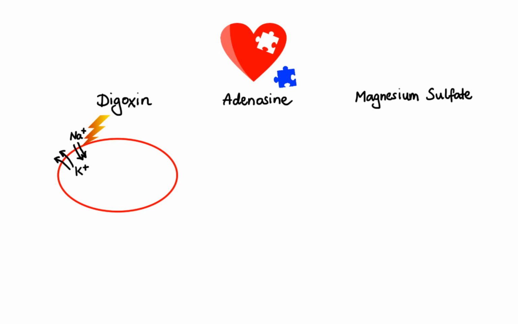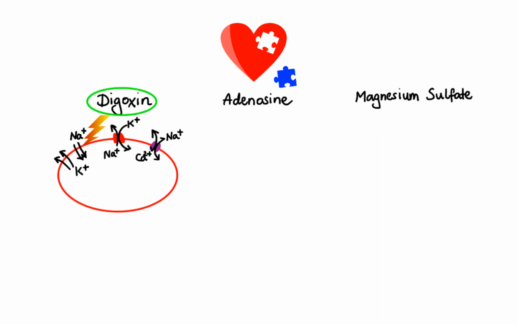So at some point we have this imbalance that has to be restored, and this restoration is accomplished by pumps such as sodium-potassium ATPase, which transports sodium ions to the outside of the cell and potassium to the inside of the cell. And we also have the sodium-calcium exchanger, which removes calcium from the cell in exchange for sodium. And as a side note here, keep in mind that the sodium-calcium exchanger can carry sodium and calcium in both directions.